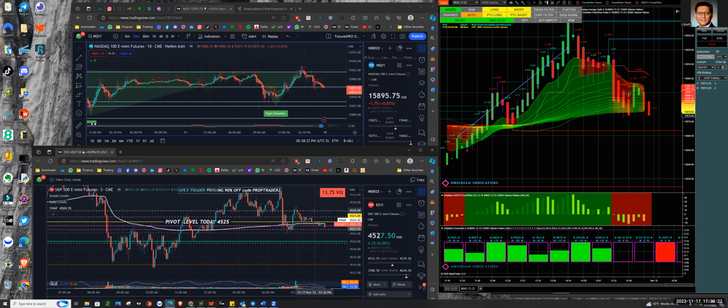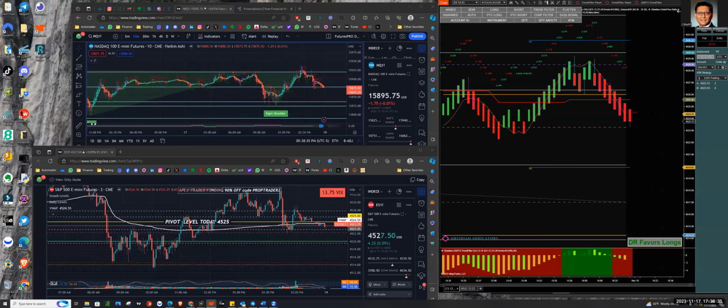If it's not that good, sometimes he'll cut it quick, or he'll let it run and see if it wins. And sometimes it does. So this is a setup for the quick scalps, Renko 2, 4, and 8 on ES only.